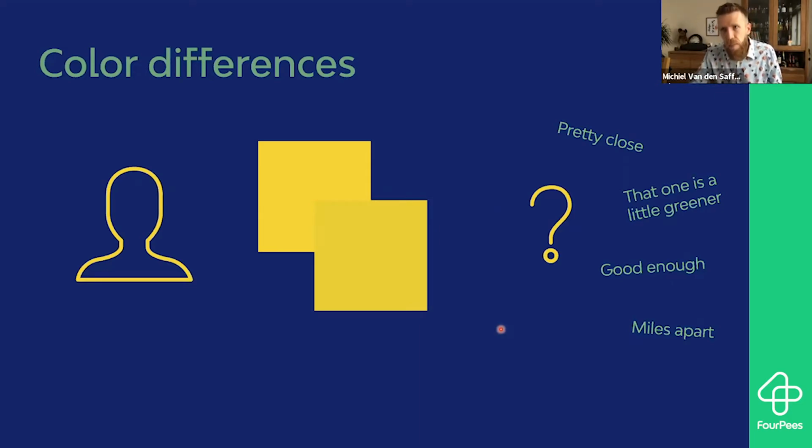So even though we now are able to take our color, measure our color, and put it with exact coordinates in a 3D color space, we're still not much closer in our communicative aspect of it.